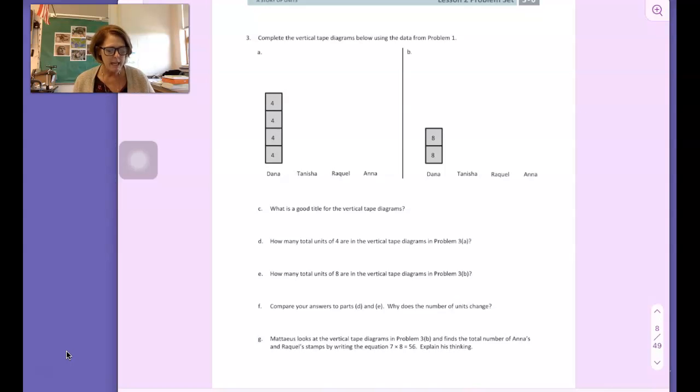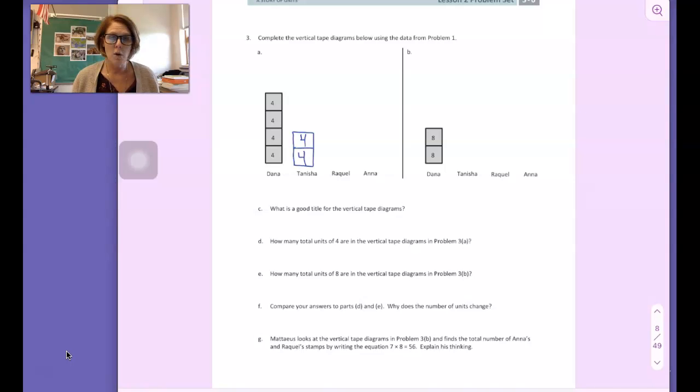Letter A, we can see we're doing the same tape diagrams we did in problem 1. So let's do Tanisha. Tanisha had 2 sets of 4, 2 groups of 4. So we're going to go just like that, and I can use my first one as a guide.